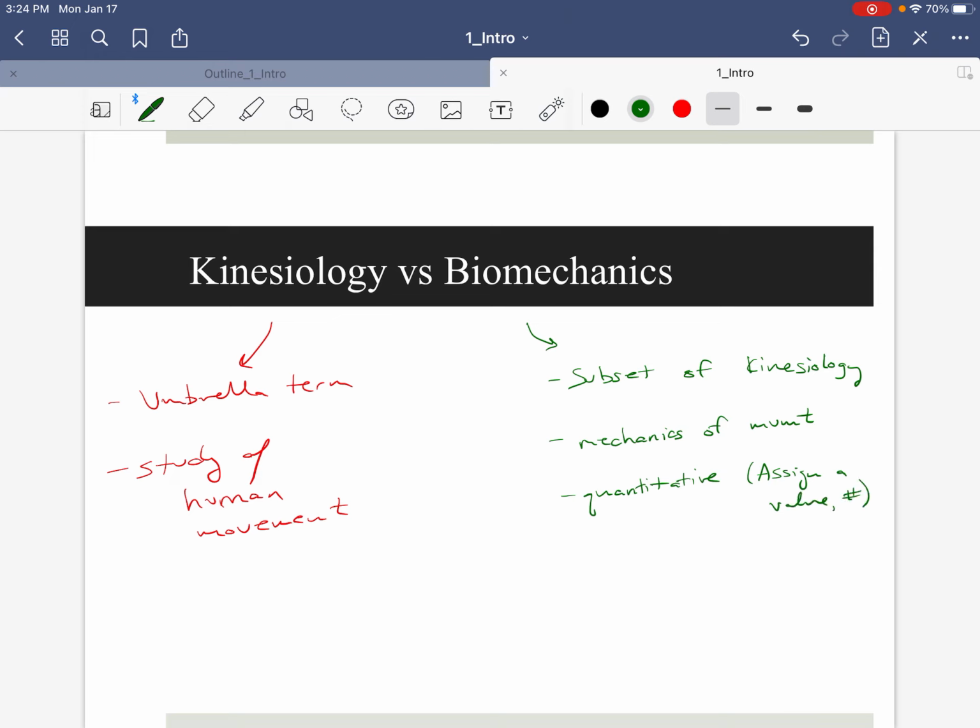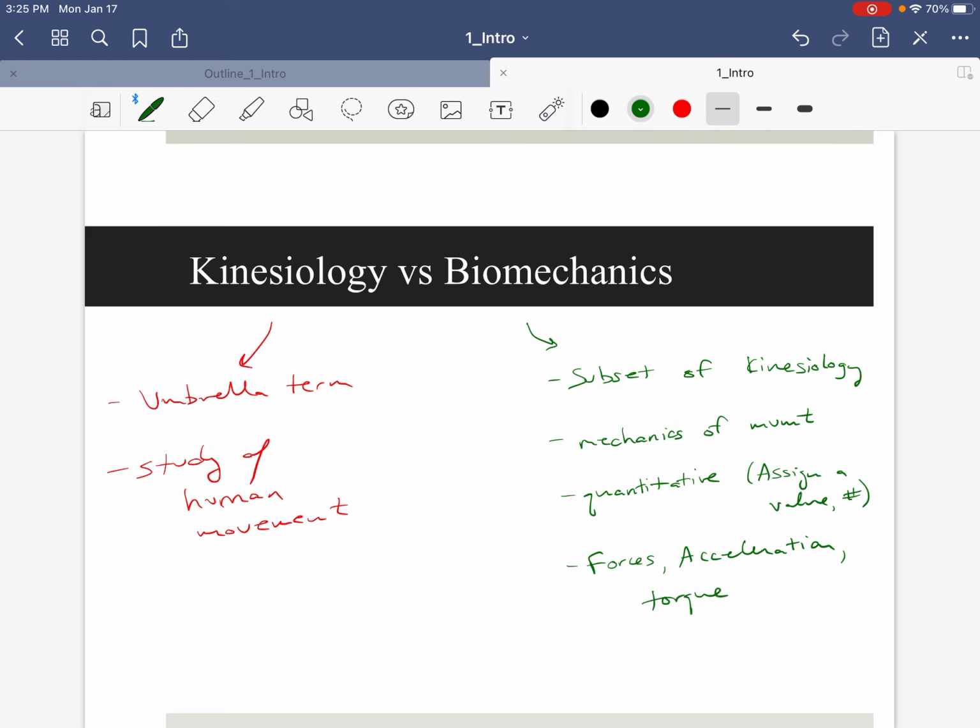So what are some examples of things that we'll be talking about with biomechanics? We're going to be measuring quantitative things, such as force, such as acceleration, such as torque.